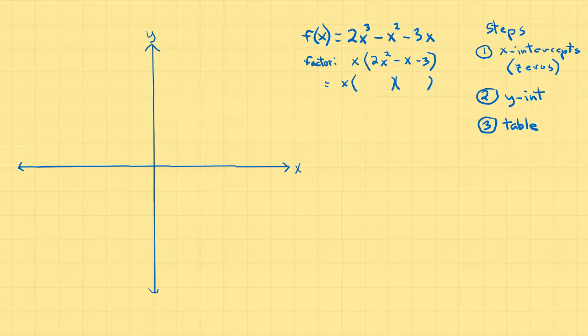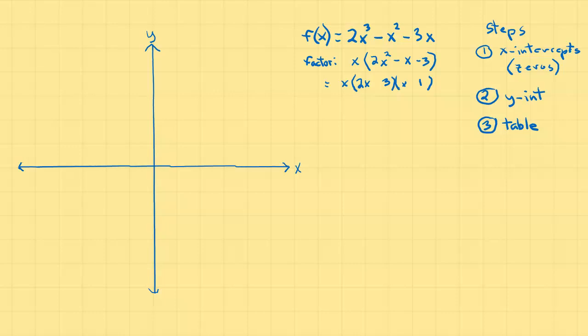You may have to make a couple of tries if you're doing this on your own, but I know that we'd have to have a 2x and an x in the first position of each parentheses. And then we would have a 3 and a 1 here, because 3 times 1 is 3. Those are the last terms, and they have to multiply to be negative 3.